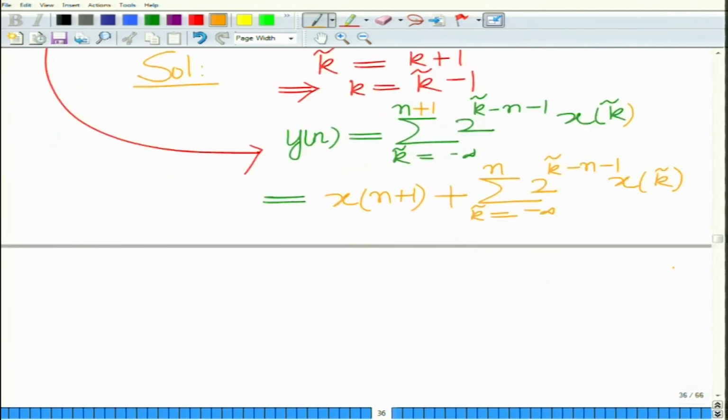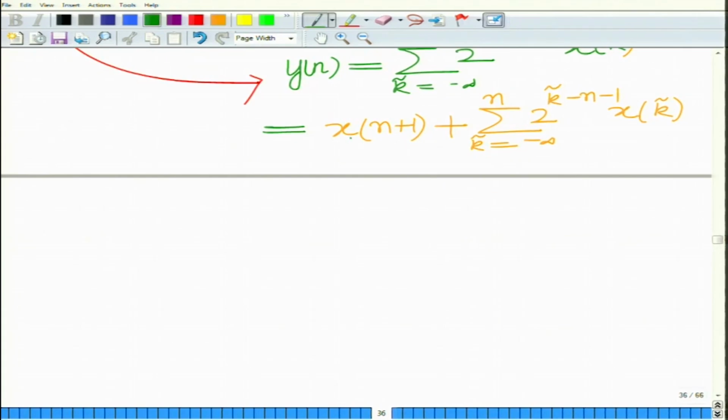And now if you look at this expression, you can see that the output y[n] depends on x[n plus 1]. Remember, the system is causal only if the output at any time instant n depends only on x[n] and the previous inputs. Since this depends on the future input, that is x[n plus 1], the system is not causal.